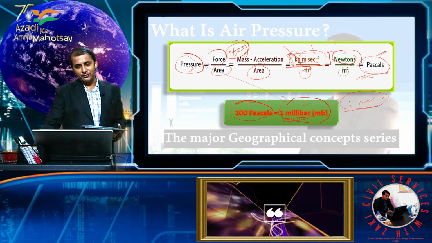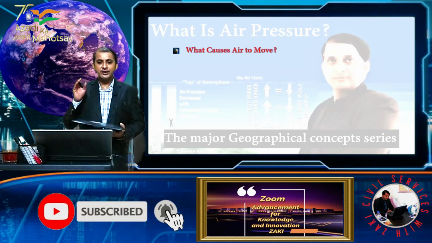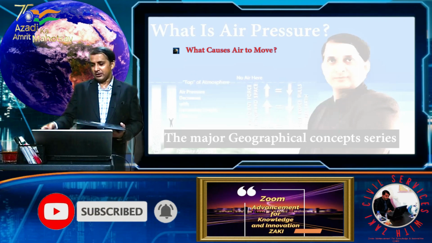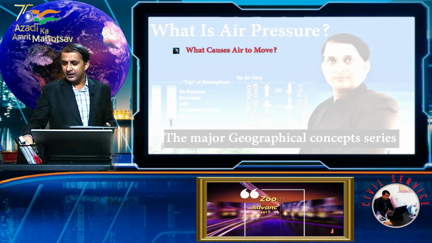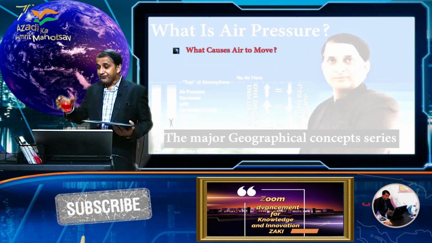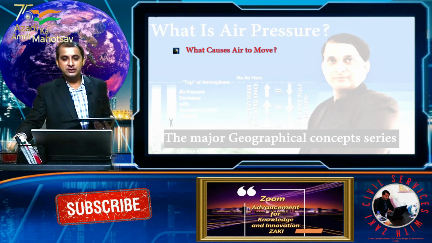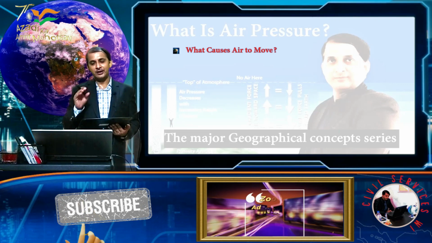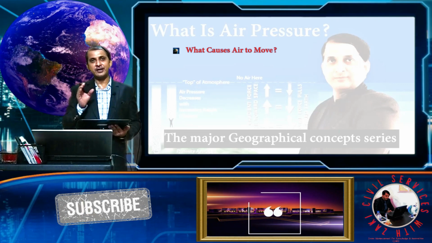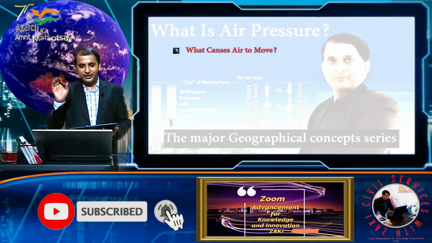So now we move forward and see the role of this pressure. What causes air to move? This pressure plays a great role in atmospheric circulation. Basically it is the basic factor, and the pressure gradient moves the wind.